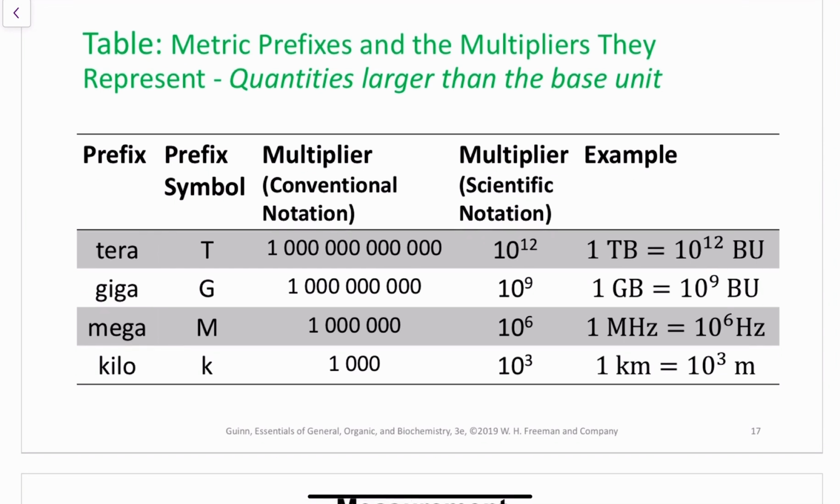Then another table, that if we put those prefixes, that makes the quantity larger than the base unit, right? For example, kilo, tera, giga, mega, right?